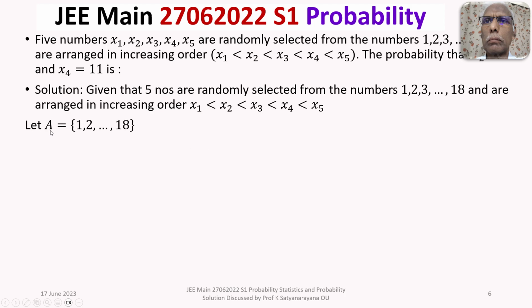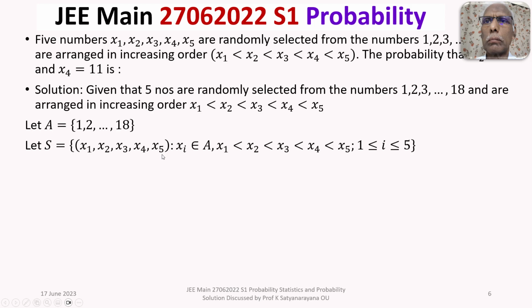Let A be the set consisting of these numbers 1, 2, 3 up to 18, from which these 5 numbers are to be randomly chosen. Let S be the set of all ordered 5-tuples x1, x2, x3, x4, x5, where each xi comes from A and they are arranged in increasing order, that is x1 < x2 < x3 < x4 < x5.